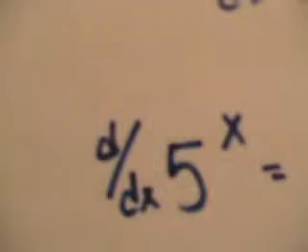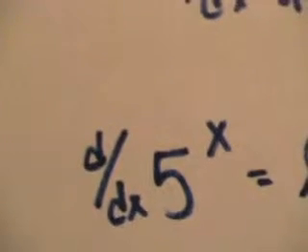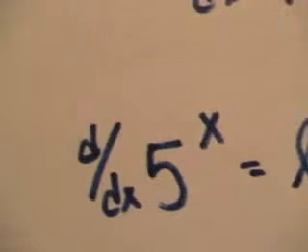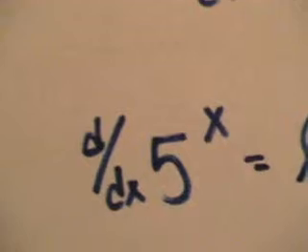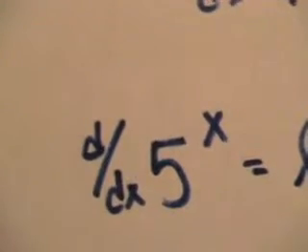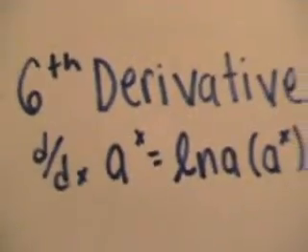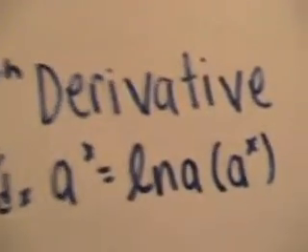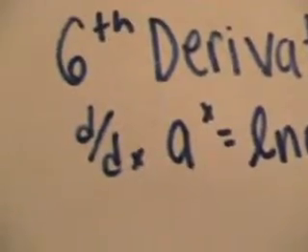Find the derivative of 5 to the x. Now this is kind of weird. We've never seen 5 to the x. All we see is x raised to the 5th power, x raised to the 6th power. But now it's 5 raised to the x power. We just use this derivative. So follow the format: ln of a, the a acting as the base.